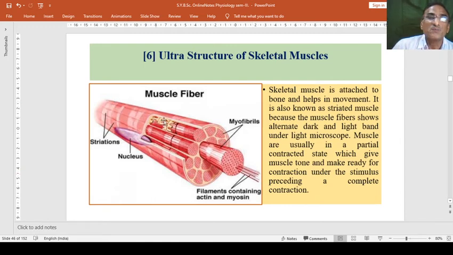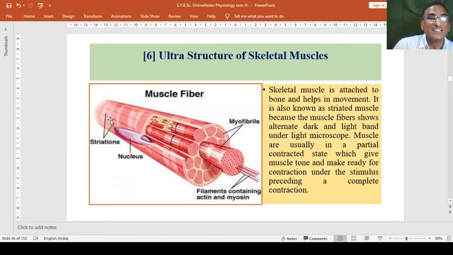This is the muscle fiber, these are the myofibrils, and in the myofibril you will also see the microfilaments. These filaments make together the fibers, fibers make together the muscle, and muscles together form the muscular system. This is the basic way of muscle structure.